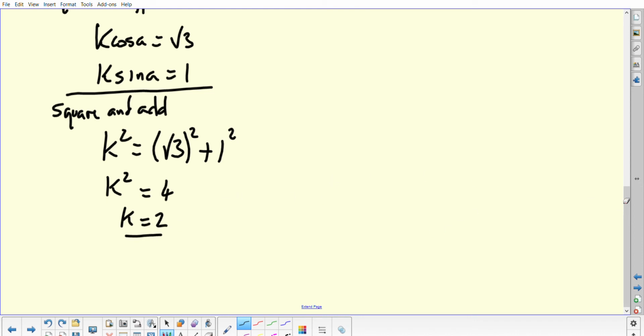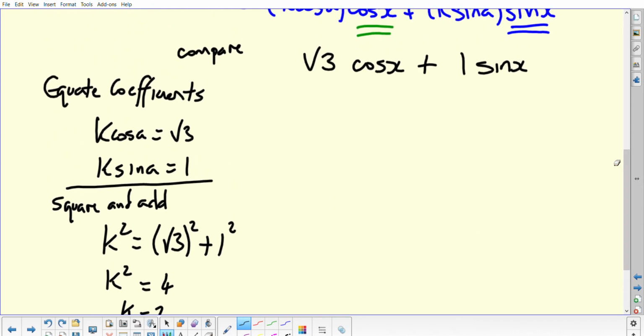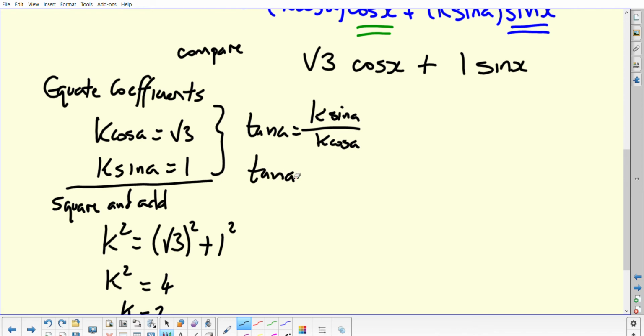It'll be a bit easier than dealing with root 85. And your tan a is your k sin a over k cos a, and here that would mean 1 over root 3.